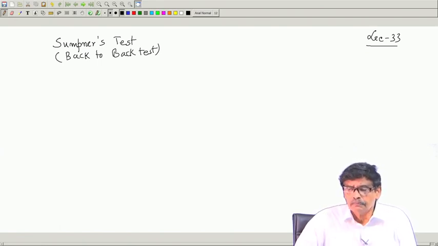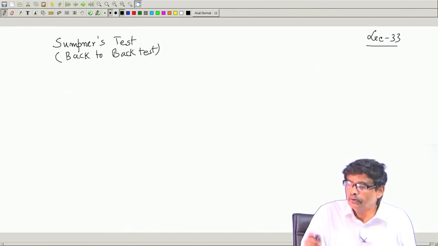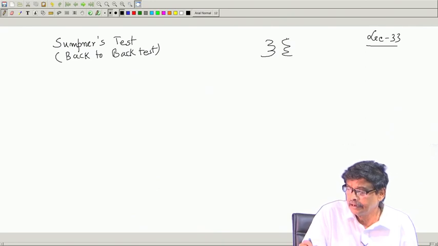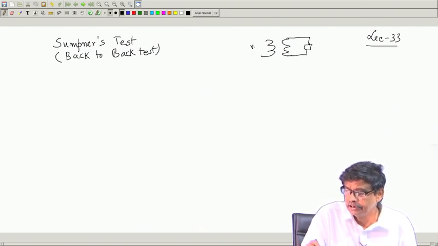So what is the solution? The solution is, in the laboratory, try to load the transformer: connect the load and apply rated voltage at rated frequency, and connect a load such that rated current also flows.